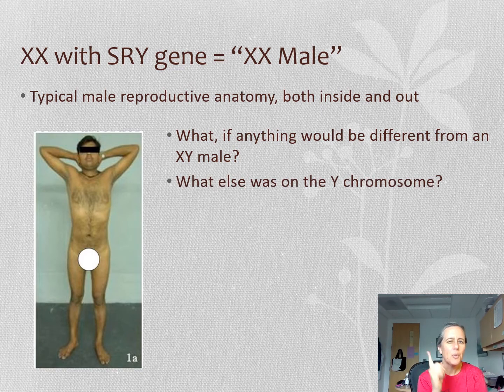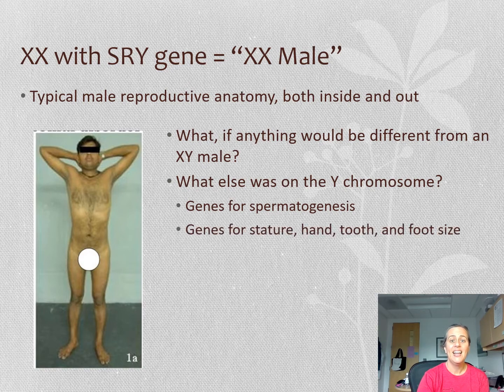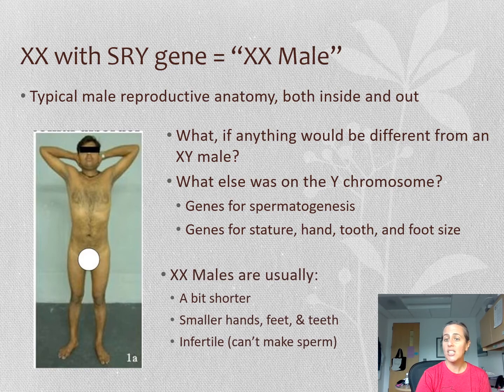So we have to remember, what else was on that Y chromosome? Not much, but a few things. Genes for how to make sperm, and genes for how tall you are, as well as how big your hands, feet, and teeth are. So somebody who is XX with an SRY gene, this is termed XX male, right, which is okay, they will be just like a typical male in every shape and form, except they tend to be a little bit shorter than you would otherwise expect.